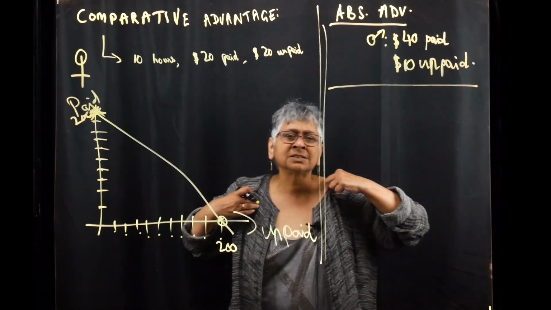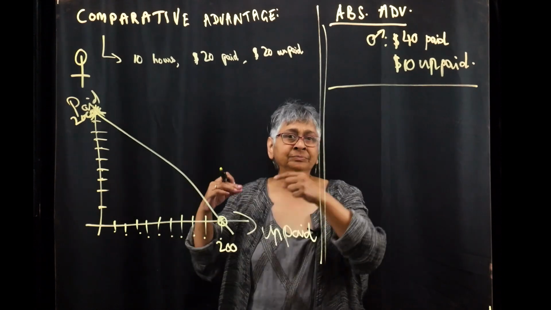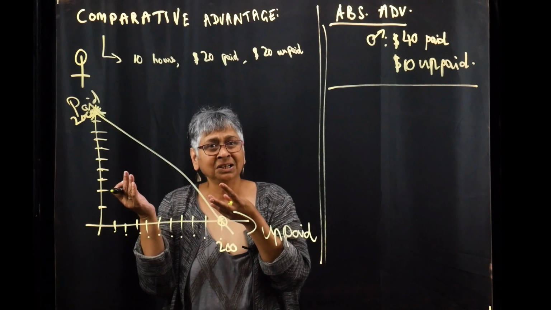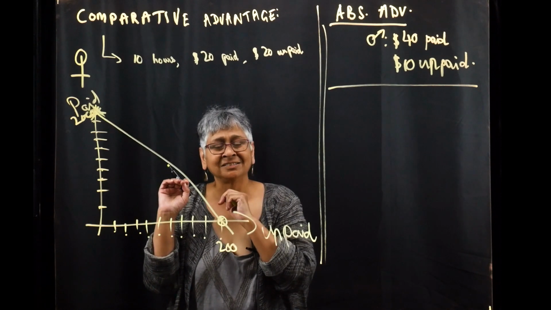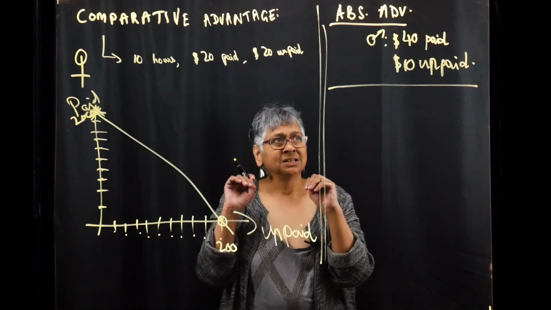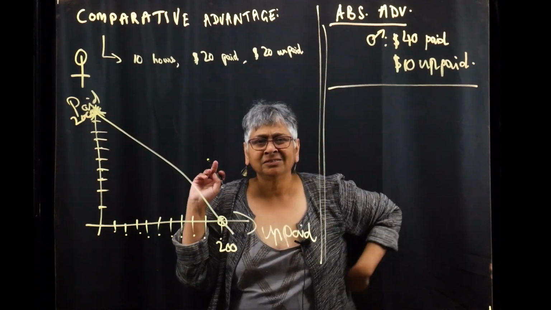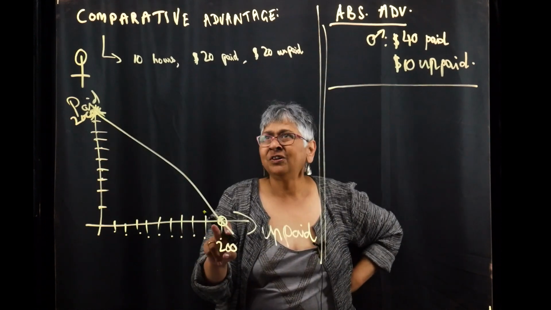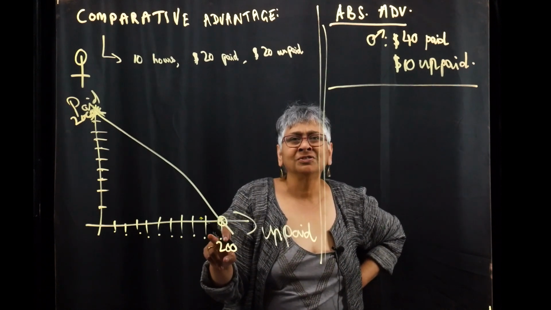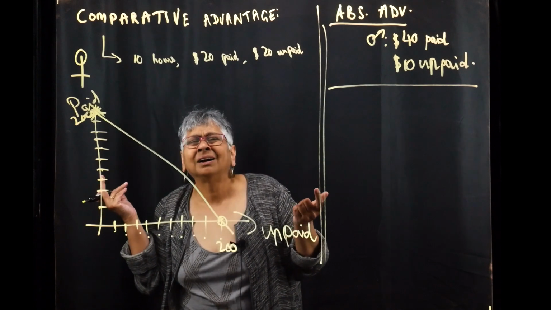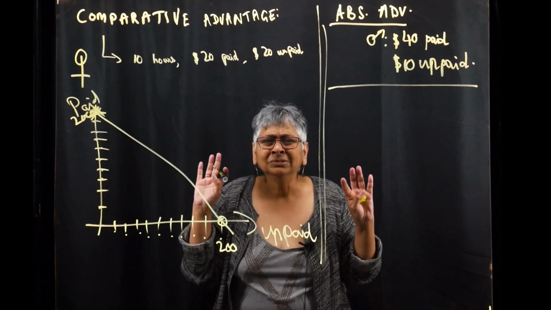Now, obviously, in this case, he should do paid work, she should do unpaid work, and they should trade. They'll both benefit. Because for every $20, he's going to bring in $40. For every $20 of unpaid labor, he's only going to bring in $10. No brainer.